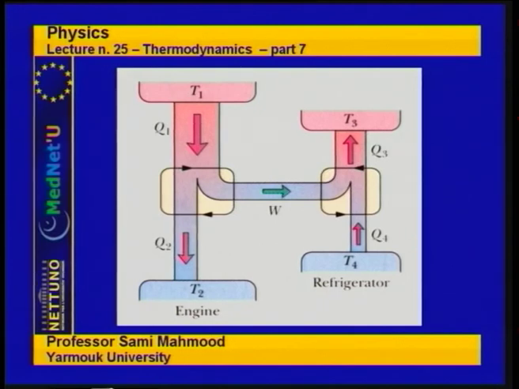Now, as for the ratios of the heats, for example, Q3 to Q4 or Q4 to Q3, we can find these ratios in terms of the temperatures T4 and T3 from the fact that this machine is ideal, as we have discussed a little while ago in this lecture.